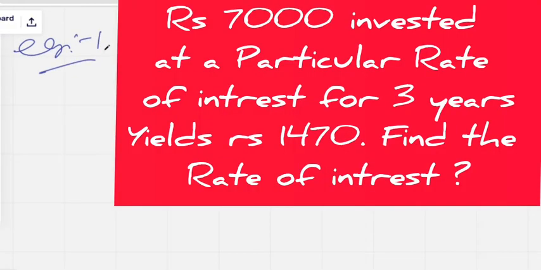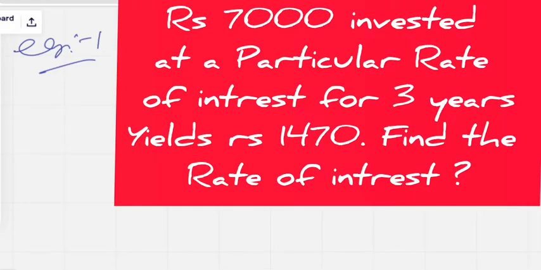I'm reading the question for you. Rupees 7,000 is invested at a particular simple interest for 3 years. It yields rupees 1,470. Find the rate of interest. So we need to calculate the rate of interest.